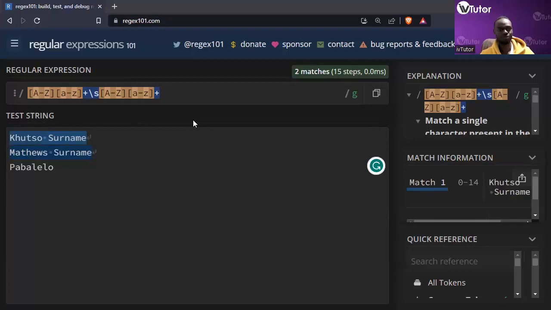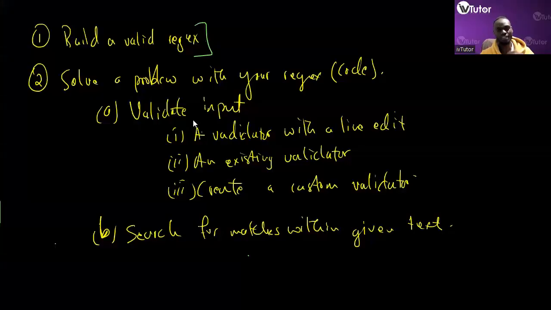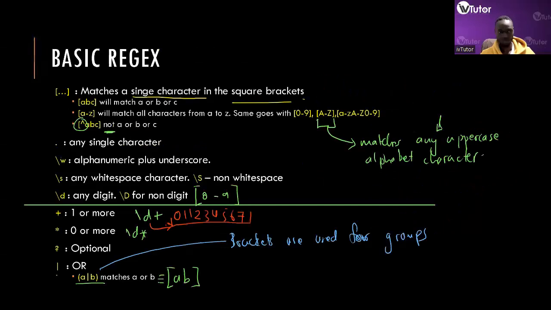There's no formula really to building a regular expression, but you've got to break it down and understand what it is doing. Here's a question mark, which is optional because it's not really required, but if it's there, it's fine.